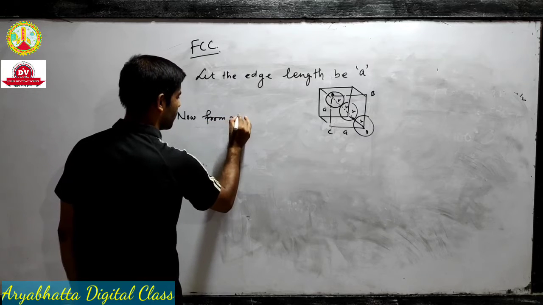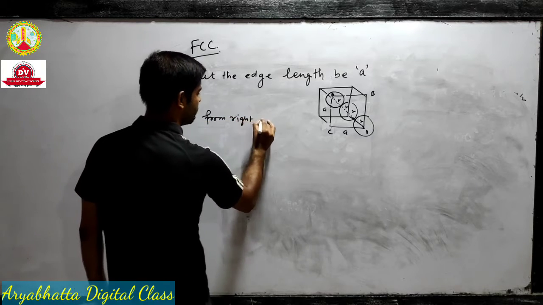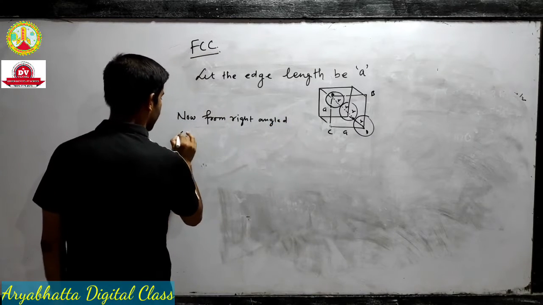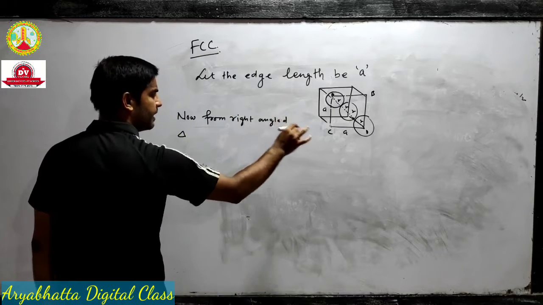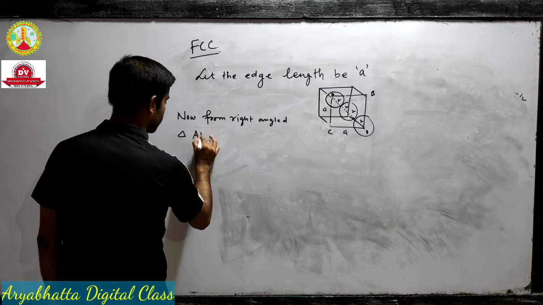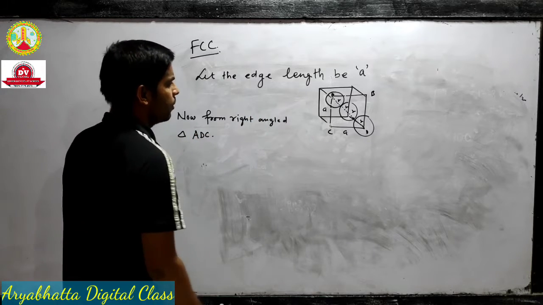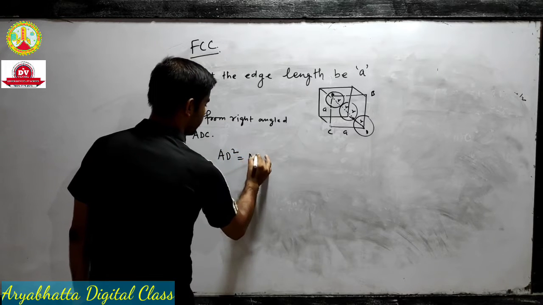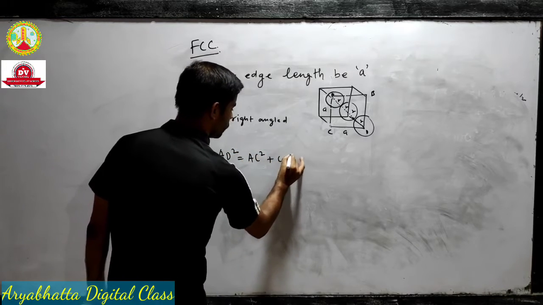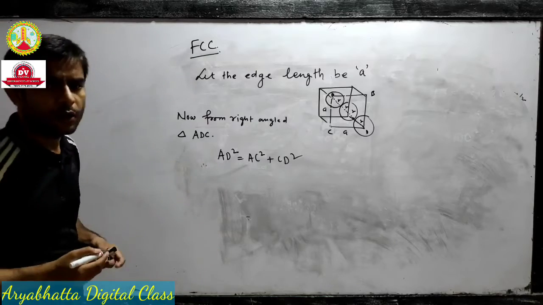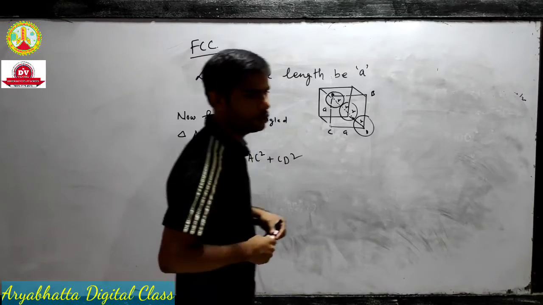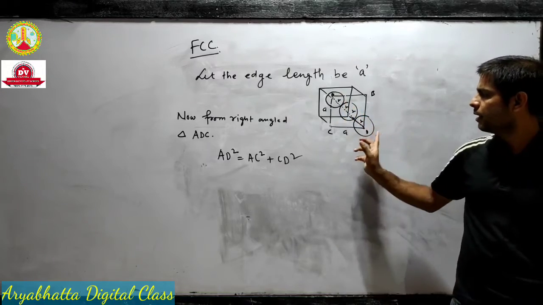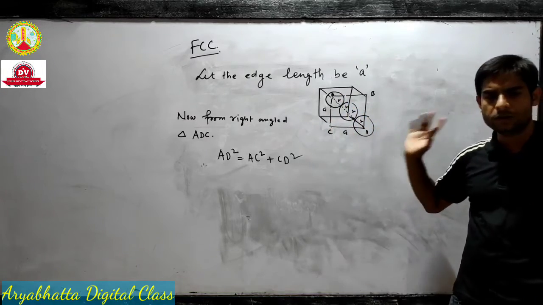Now from the right angled triangle, suppose I take ADC, we will see that AD square is equal to AC square plus CD square. This is the simple Pythagoras theorem: hypotenuse square is perpendicular square plus base square.